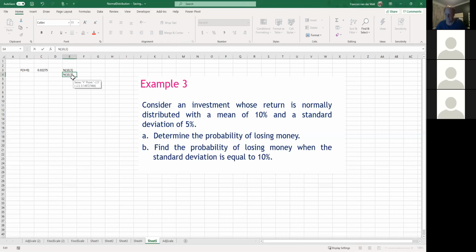This is just a shorthand, and we're still interested in the probability of that. I'm just going to copy the formula so I don't need to rewrite it. And all I have to do is change this to 10. Now, what do you guess? We know that curve is going to be much flatter, isn't it? So my guess is the probability is going to be bigger that I'm losing money. Let's see. Yep. 0.15 is bigger than 0.02.